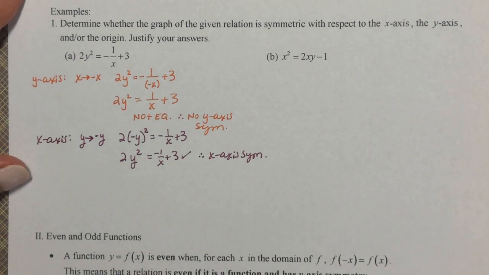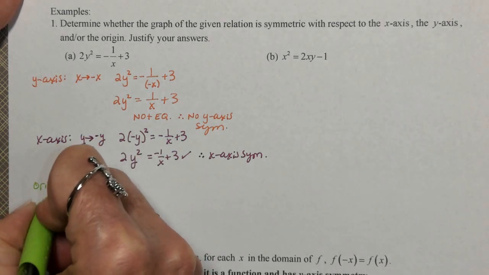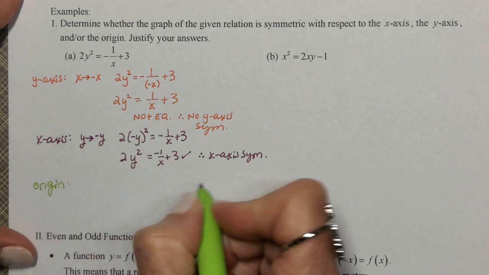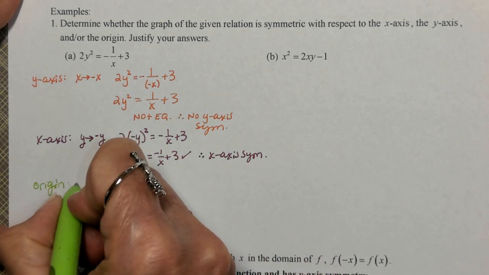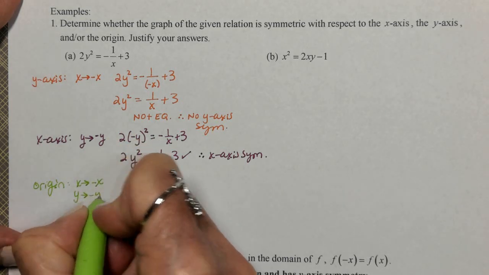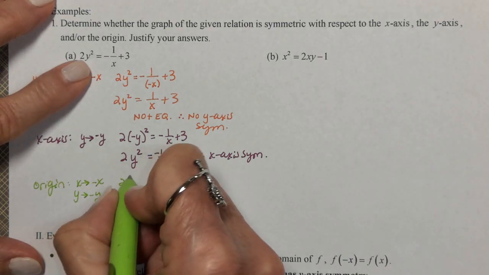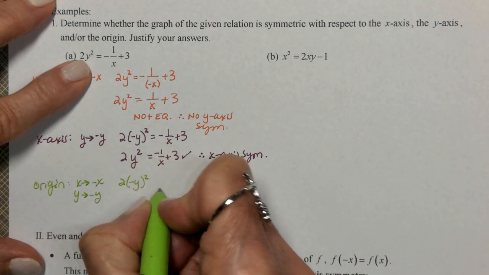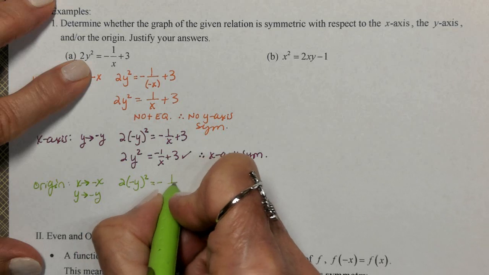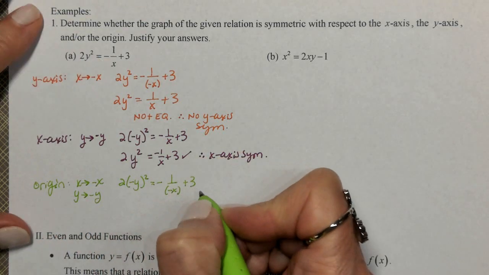And lastly, we'll do origin symmetry. For origin symmetry, we replace x with negative x and y with negative y, both of them. So I would have 2 times negative y squared is equal to negative 1 over negative x plus 3.